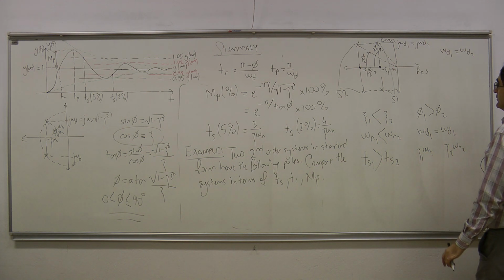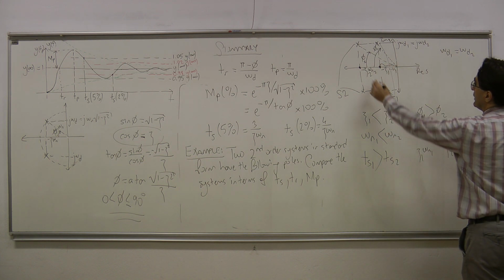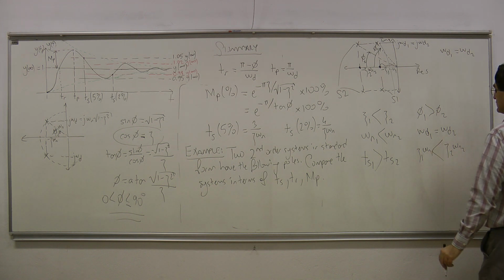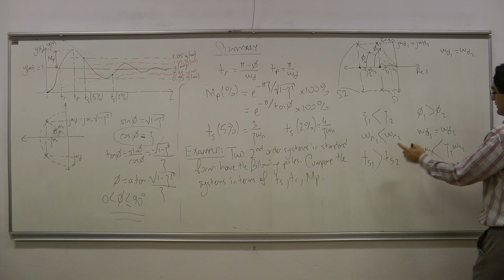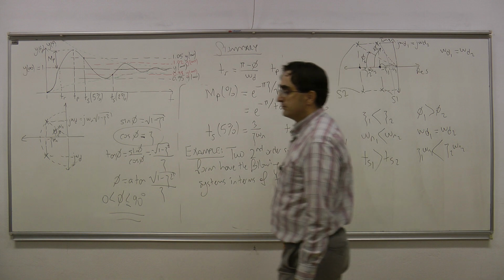Which one is larger in which system? I see that this distance is psi 1 omega n1 and this distance is psi 2 omega n2. That means that the second system has larger psi 2 omega n2, and that means that the second system has a smaller settling time.